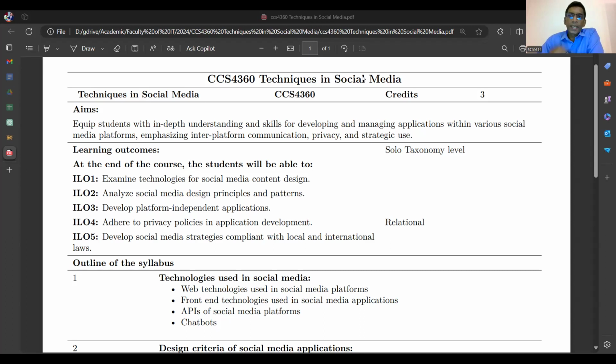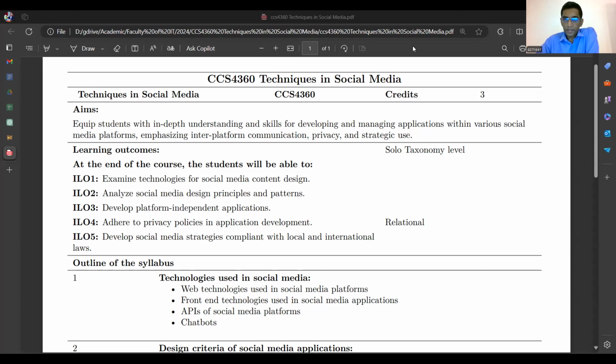Anyone who has done Python, can you raise your hands? There is a raise hand function here. So if you can raise your hand, I can see it here. Only 2, 3 people have done Python. 4, 5, 6.